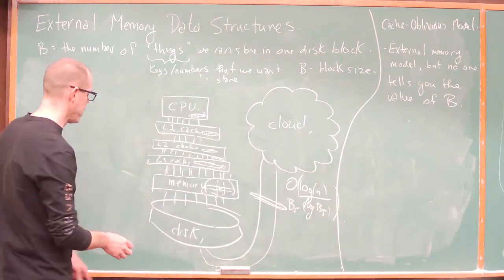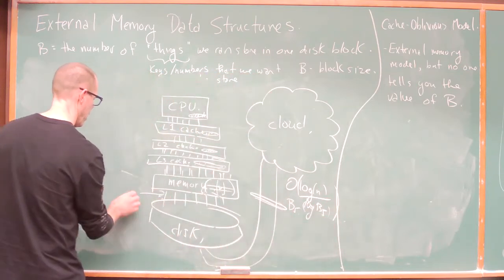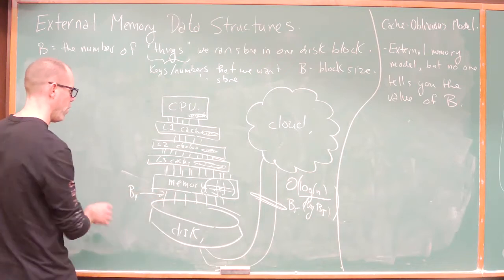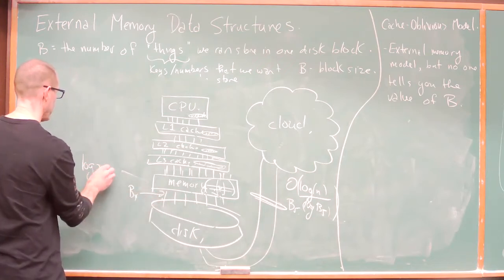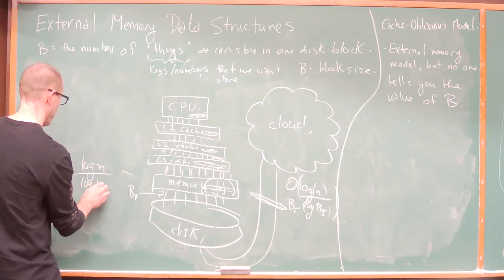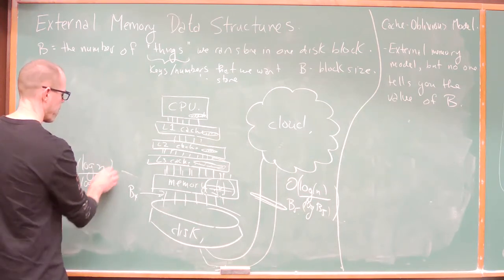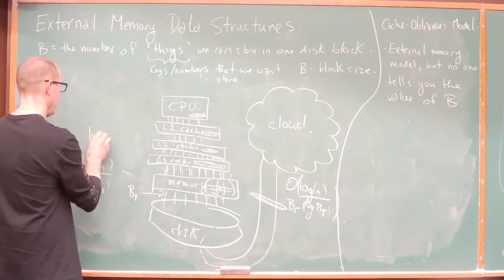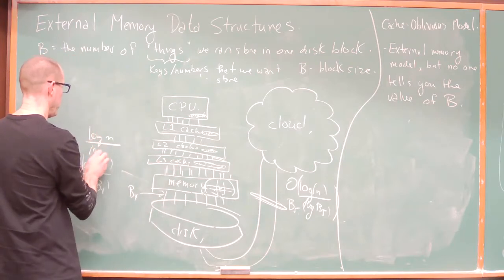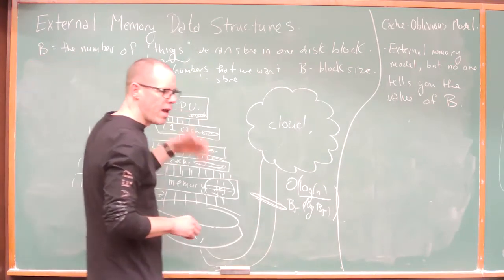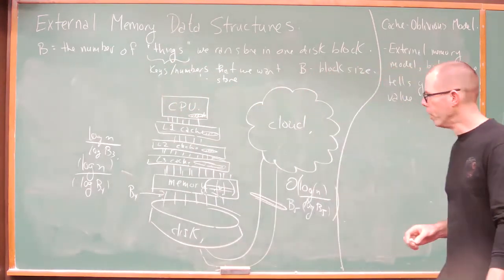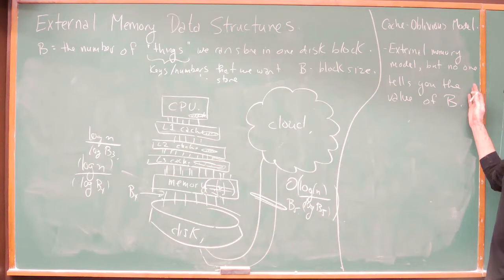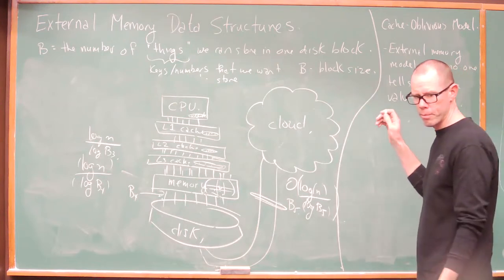The number of disk accesses, if the block size on the disk is B4, should be log n over log of B4. And the number of transfers from memory to L3 cache should be log n over log B3. All of that happening somehow invisibly without you even thinking about it, as long as you make one of these cache-oblivious data structures.